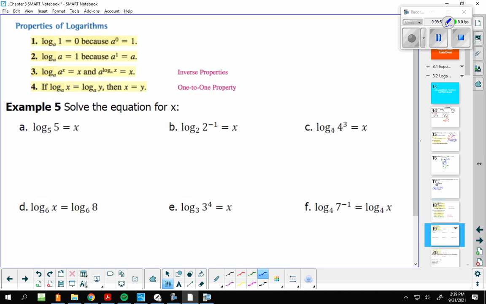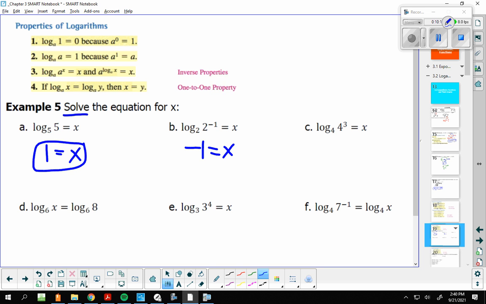So, we are solving the equation for x. All of these have equal signs. They're all equations, so we're going to solve the equations for x. So 5 to what power gives me 5? 1. Right? 5 to the first power gives me 5. Same thing here. 2 to what power gives me 2 to the negative first?